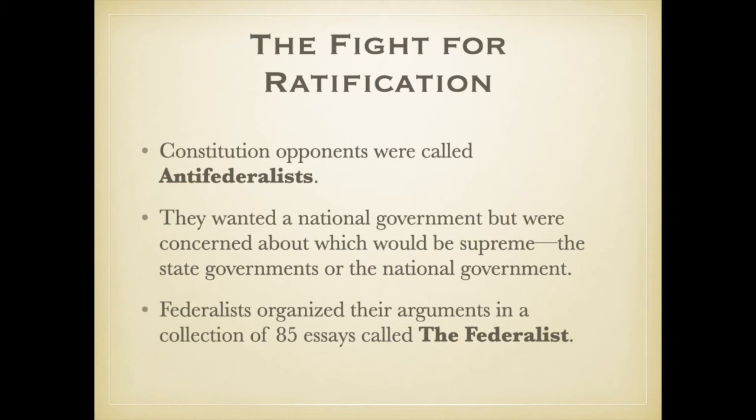Constitutional opponents were called Anti-Federalists. They wanted a national government, but were concerned about which would be supreme, the state governments or the national government. Federalists organized their argument in a collection of 85 essays called The Federalist.